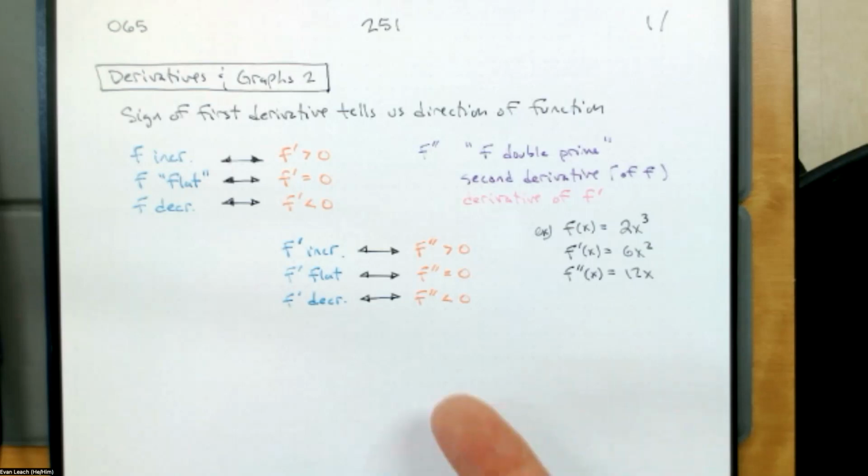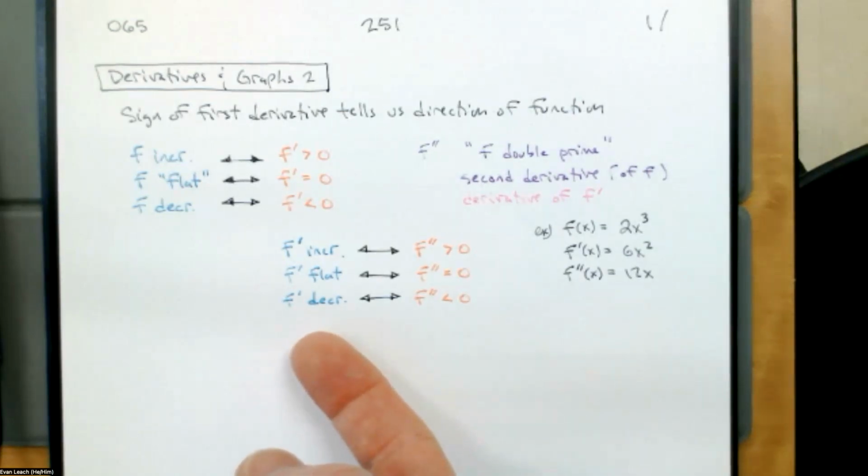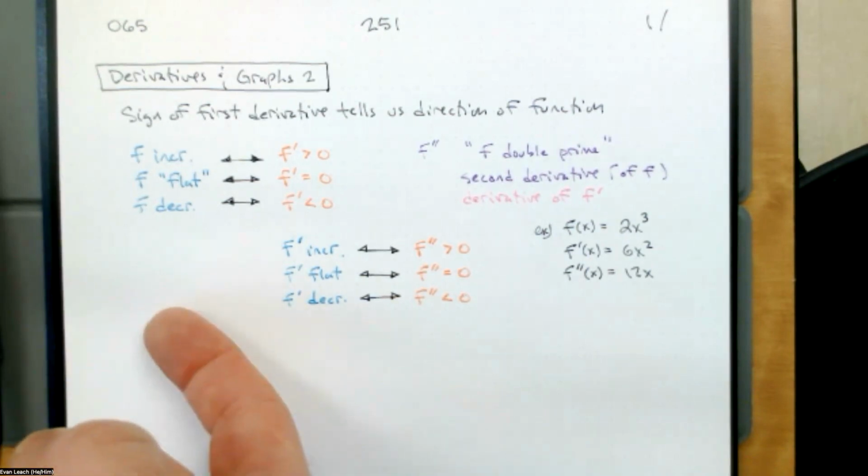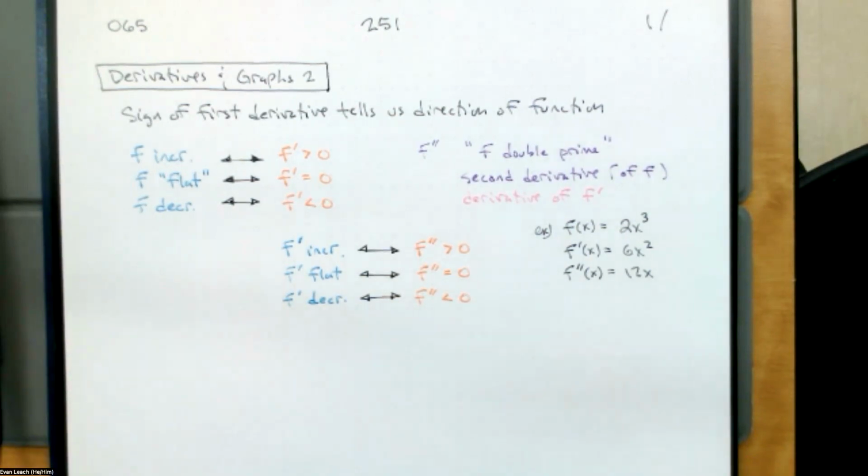So if the sign of the second derivative tells us about the direction of the first derivative, we want to fill in what the direction of the first derivative tells us about the function. That's the thing we want to talk about today.